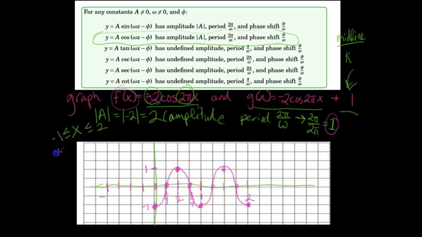And we need to go to -1 on the other side. So you finish, you know that the period is 1. So here's -1. That means I'm going to finish right here. Halfway between, I'm going to be at a maximum up here, and then I'm going to do the zeros. So here is my graph, like that.